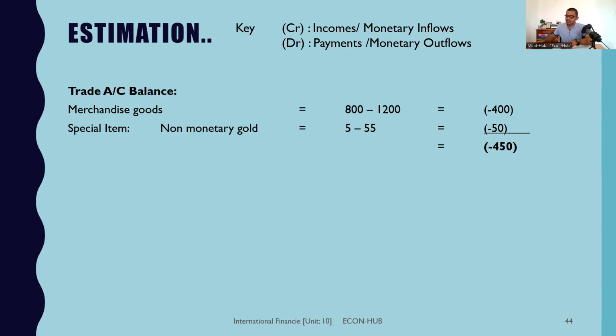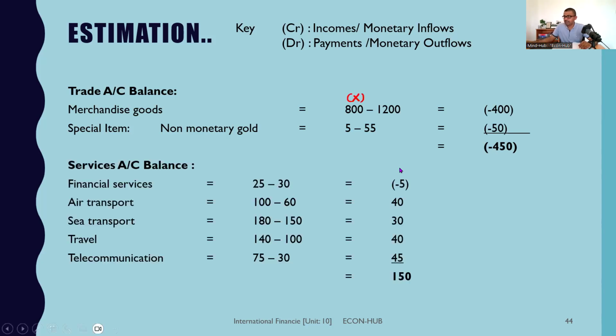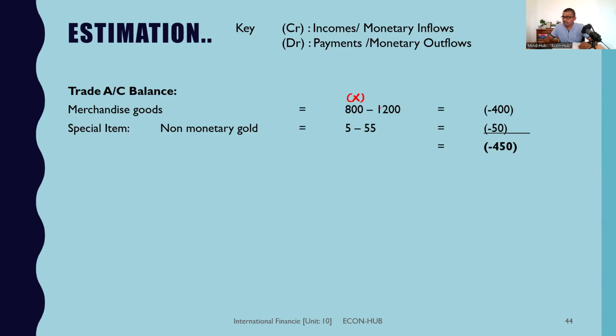Effectively, the 800 is the credit item, so the 800 is actually exports. The 1200 is actually imports. Export minus import, merchandise goods. So the standard or regular merchandise or trade balance is minus 400.